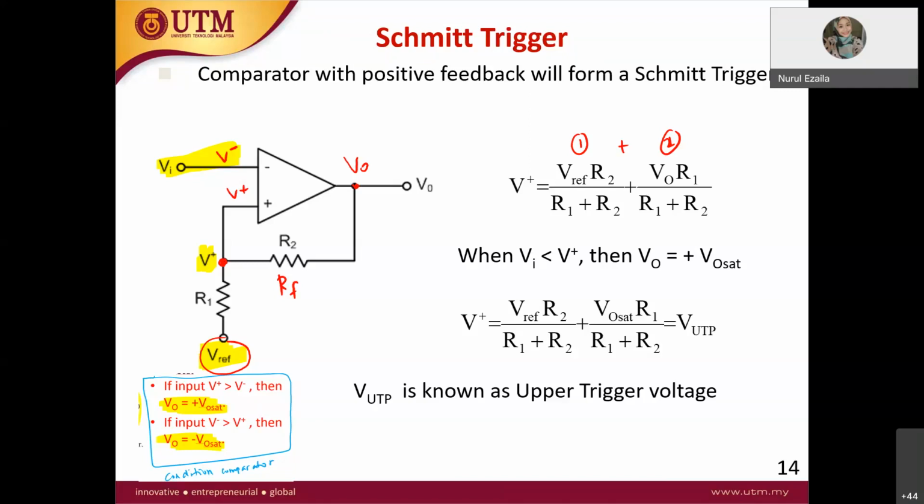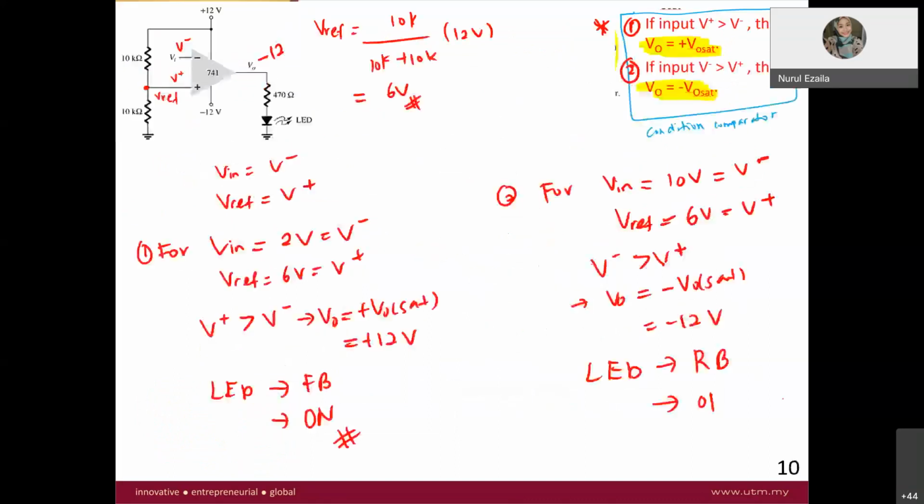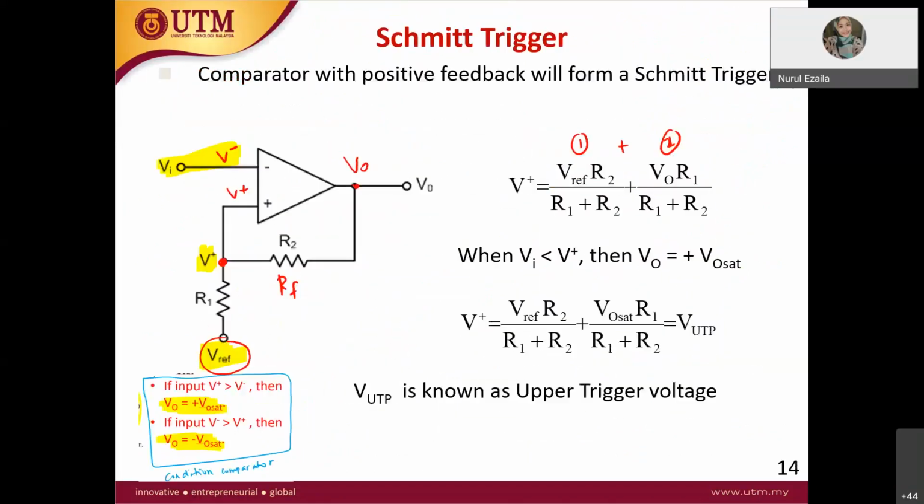This is the voltage divider you have learned in electrical circuit analysis, but with two power supplies. One voltage divider is for one power supply; when you have two power supplies, you have another portion here. Why two power supplies? Because one is V reference, the other one is V out, in order to find it using the voltage divider rule.